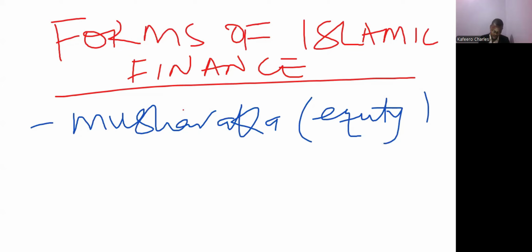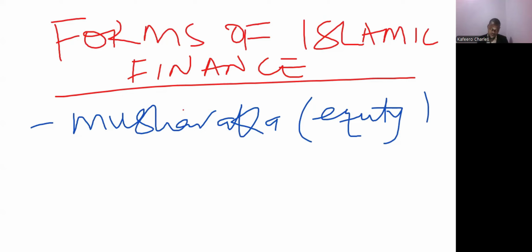Now, we want to understand what this is all about. This is more of a joint enterprise or a partnership structure where at least two or more parties bring in capital and skills.